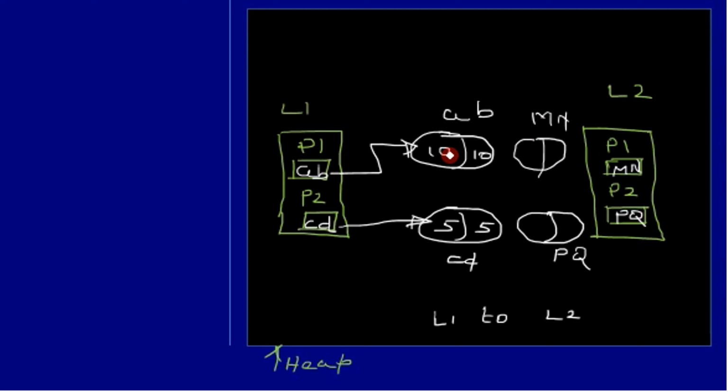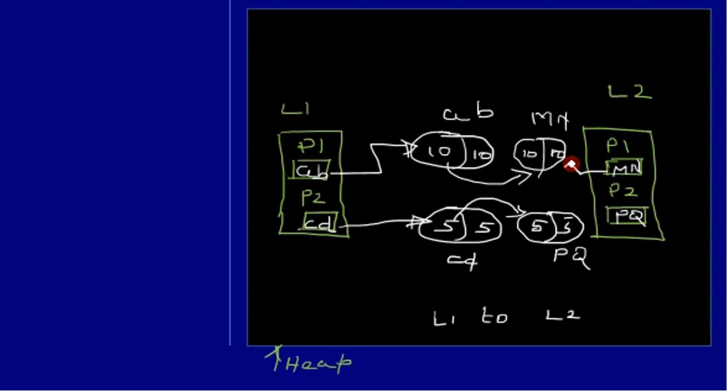And after that we will copy the value from AB to M1. So the copy actually occurs like this: we create a new instance, and after that we copy the content 10, 10, 5 and 5.